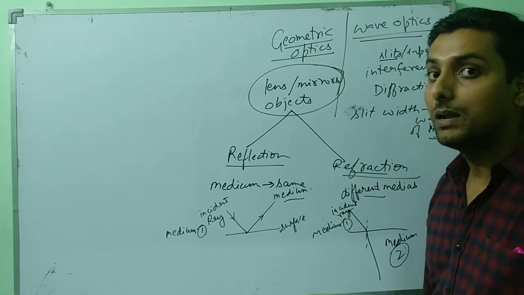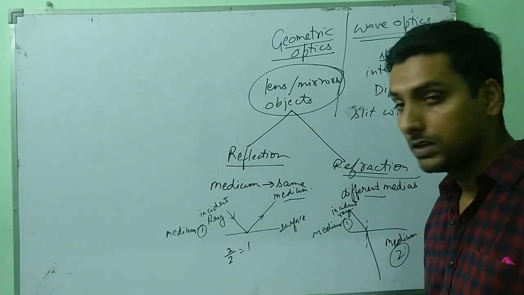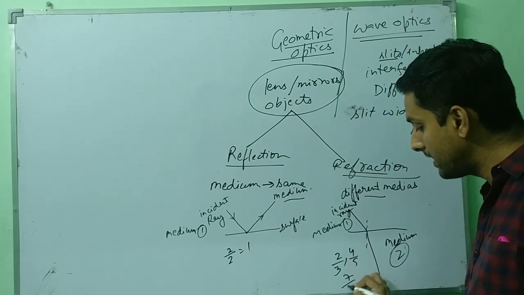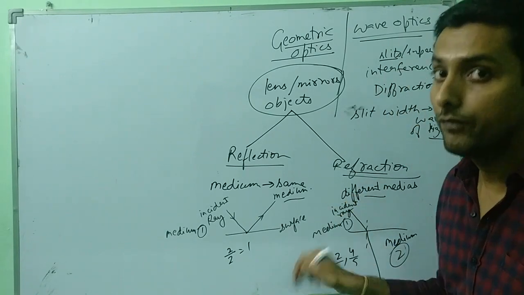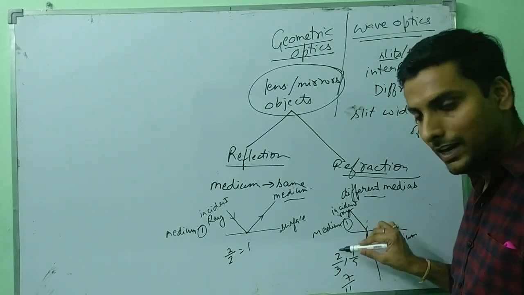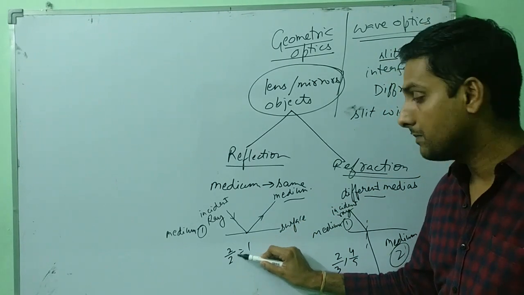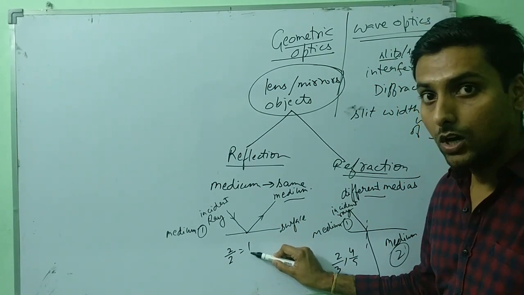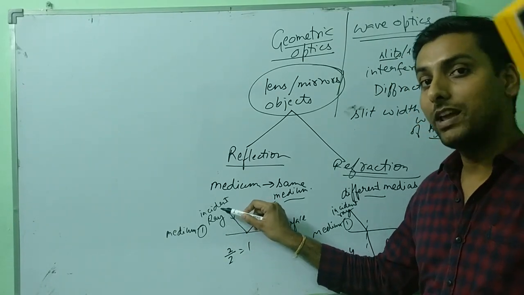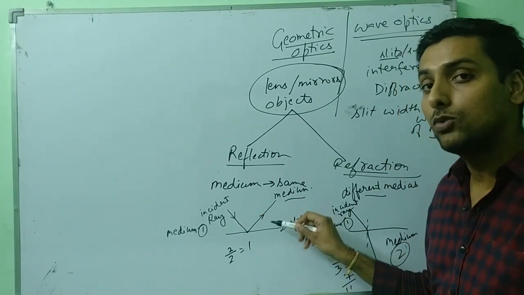When you say a number as a fraction, if it is 2 by 2, it is not a fraction, it is a proper number. If it is 2 by 3, if it is 4 by 5, if it is 7 by 11, then it is a fraction. It means when the numerator and the denominator are different, it is termed a fraction. And when the numerator and denominator are the same, it is a pure whole number. That means the numerator is the striking medium and the denominator is the medium in which the light goes after striking.